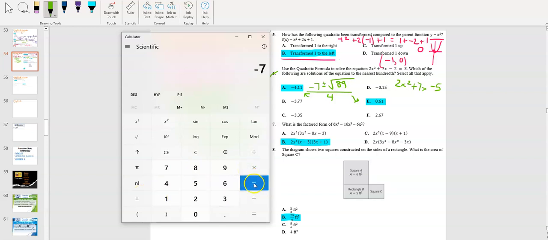And then I'm going to subtract 89 square root. And because this is a scientific calculator, it's going to keep that in there. It's going to do it in the right order. And then I'm going to divide by 4. And that's how I get, hold on, I did something wrong. 7 negative minus 89 square root divided by 4. There we go. So I'm going to get my negative 4.11 rounded.